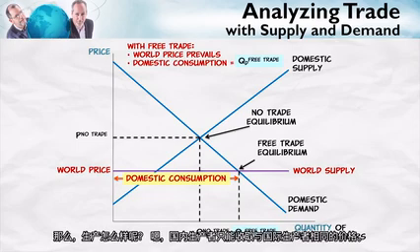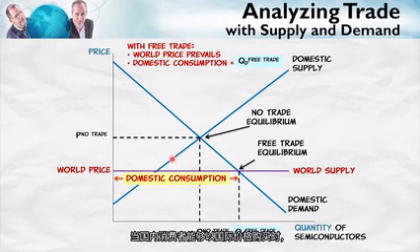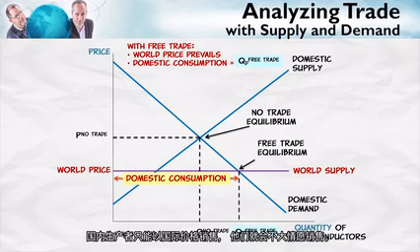Now what about production? Well, the domestic producers can only charge as much as the world producers. They can't charge a higher price. So when the world price falls, when domestic consumers are able to buy at the world price, domestic producers can only sell at the world price, and they're going to be less willing to sell.